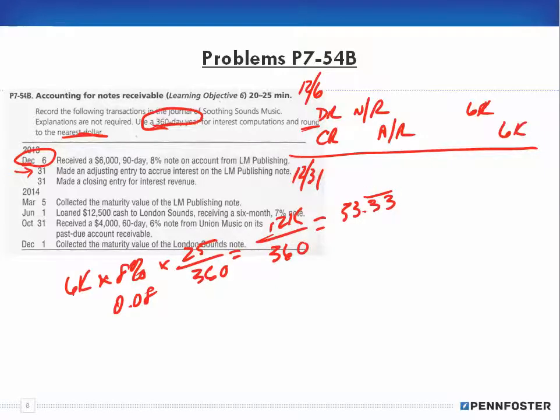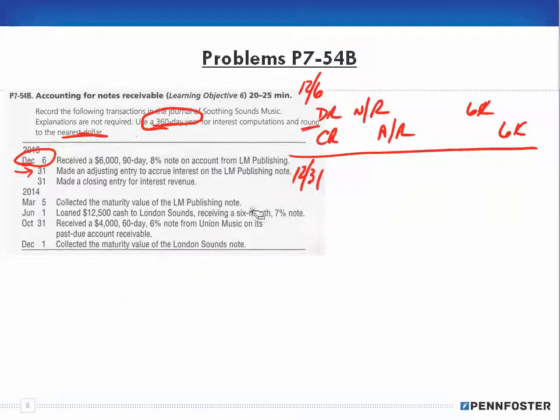So it's 33 bucks. Okay, I'm erasing this. So we're accruing our interest, so that means we're going to credit our interest revenue for $33, and since it's owed to us, we're going to treat it as an interest receivable for $33.